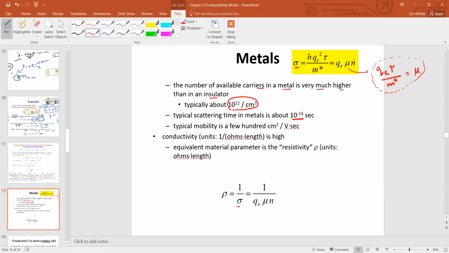As I said, sometimes a little less, sometimes a little more, and it depends on the temperature also. Conductivity has a unit of 1 over ohm dot length, so this is the unit we use for conductivity.